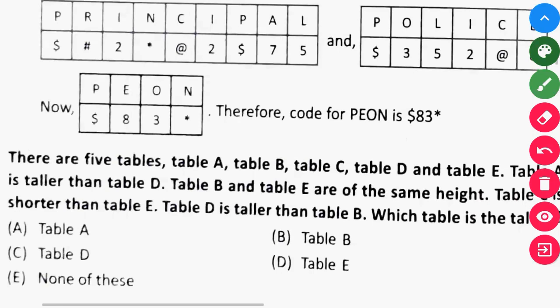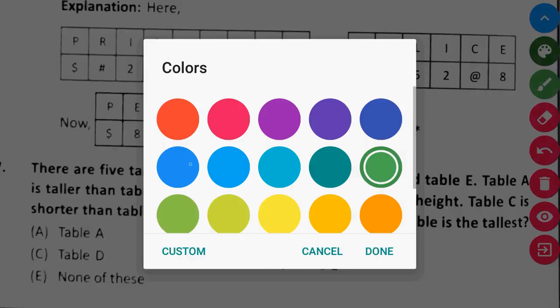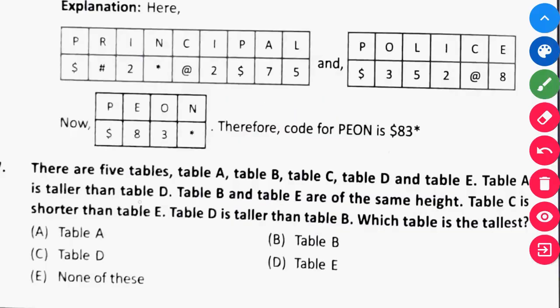Okay. Now again 5 tables are there, and this problem is based on comparison. 5 tables are there. Read carefully and then think logically. Table A, table B, table C, table D, and table E. Table A is taller than D. B and E tables are of the same height.